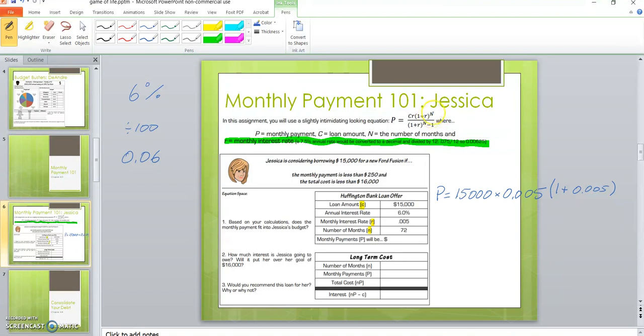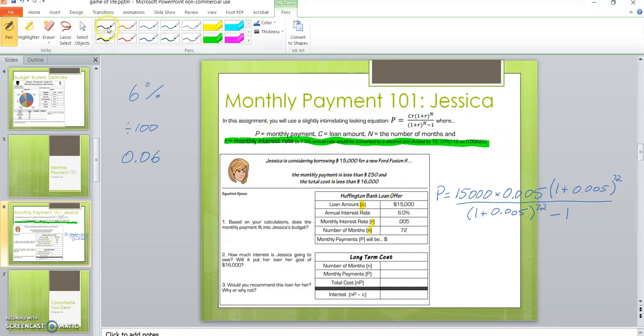You'll notice that I have this n that's not beside the r or the brackets, but it's actually above, and that's going to be our exponent. Then I'm just going to fill in the bottom: 1 plus 0.005, to the exponent 72, minus 1.